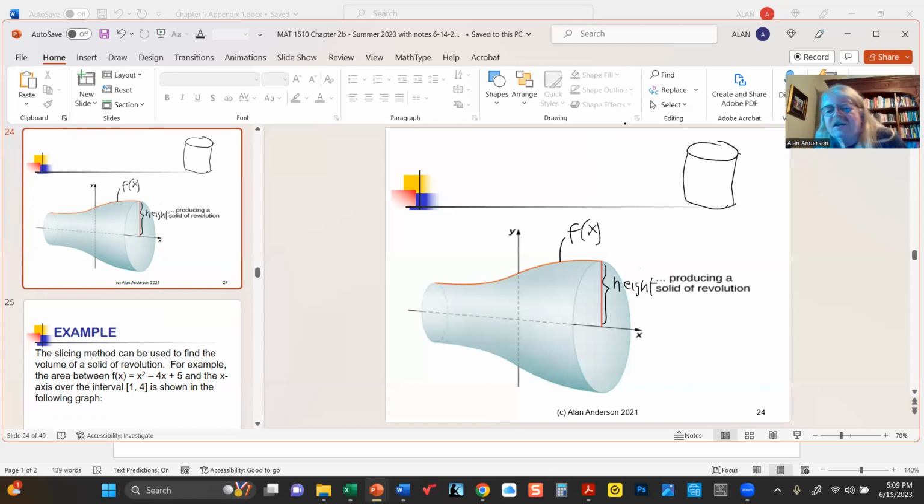It's a type of cylinder, but it's not a standard one. So in other words, there may not be a formula for this thing. There probably isn't. And yet, in spite of that, we can still figure out the volume. Okay. So that's what's going to occupy us in our next section: how to solve the volumes of these solids of revolution.